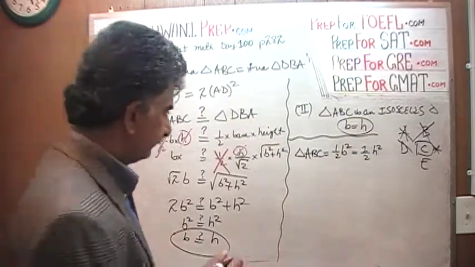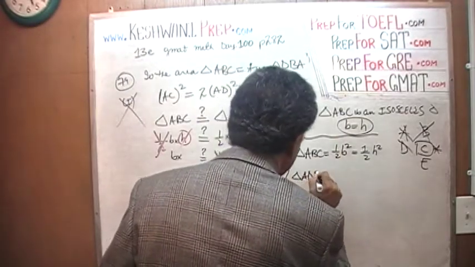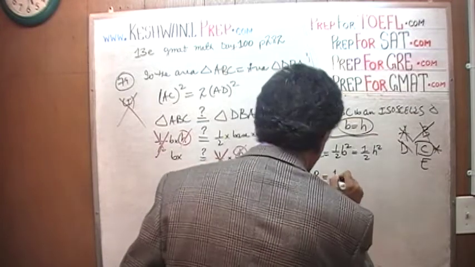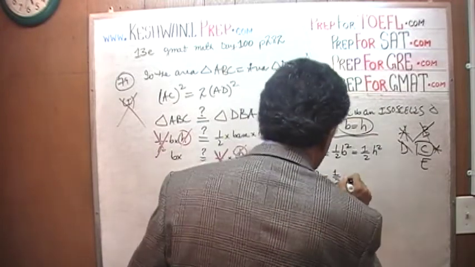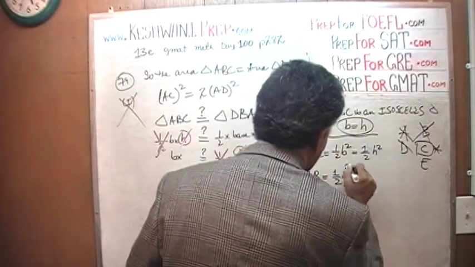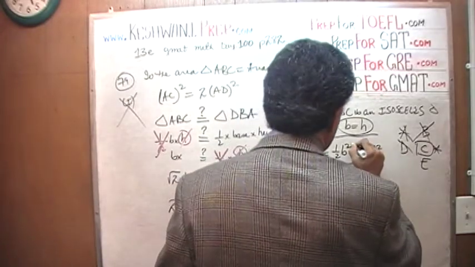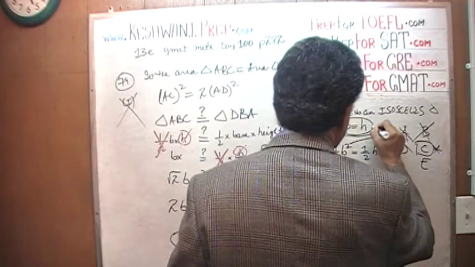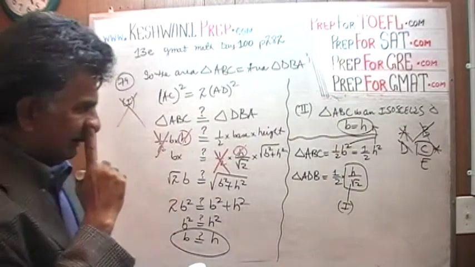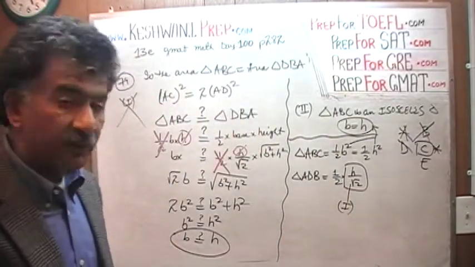The triangle ADB equals 1/2 base, which is height over √2, and this came from the first statement. This part, h over √2, came from the first statement.